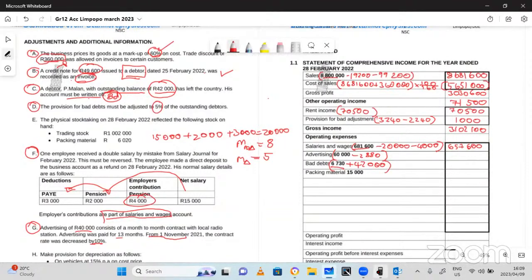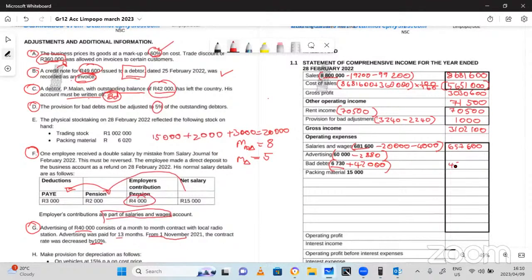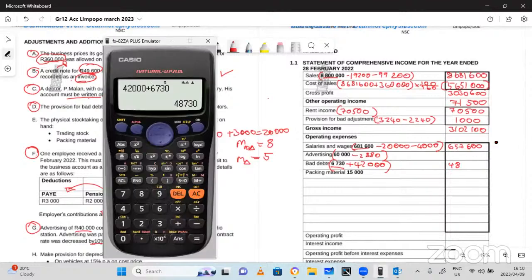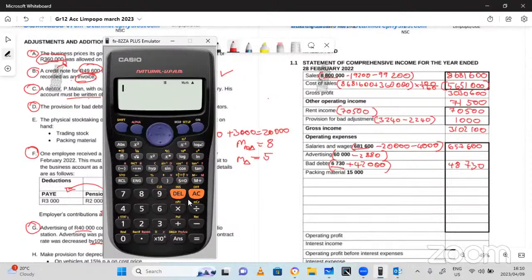So you simply punch your calculator again. You take 42,000 plus the 6,730, which will give us what? 48,730. Therefore, again, we forgot to calculate this advertisement.